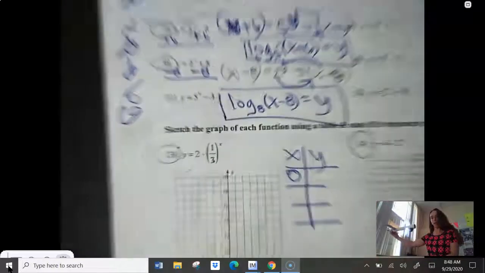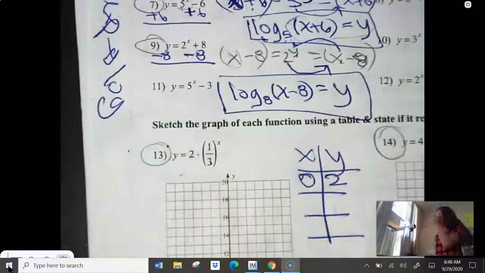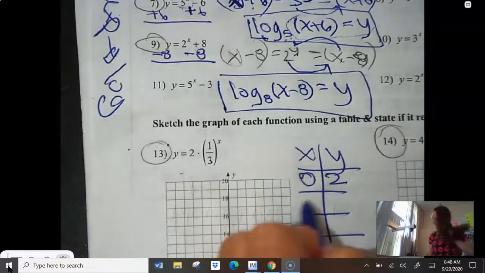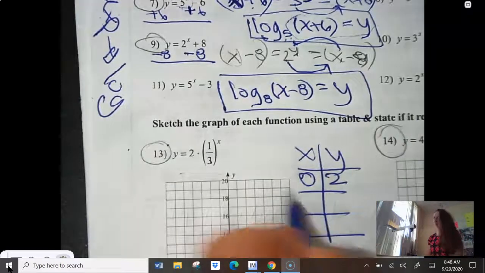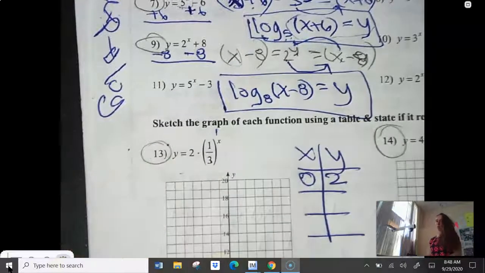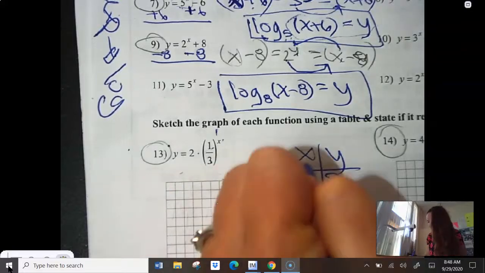Okay, so we know anything to the 0 power is 1, times 2 is 2. Now I'll try 1. And actually, I don't want to try 1. The reason I don't want to try 1 is because 1 will give me a fraction. Okay, well, I'll do it just for fun. I'll put it here.